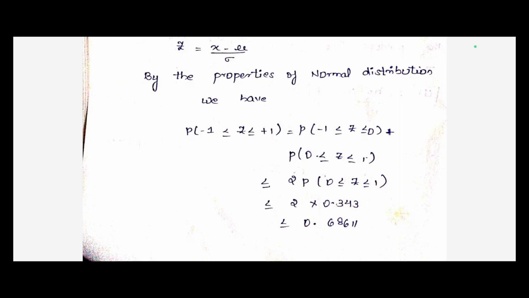So P of minus 1 less than or equal to z less than or equal to 0, plus P of 0 less than or equal to z less than or equal to 1, becomes 2 times the probability of 0 less than or equal to z less than or equal to 1, from the standard normal table. The table value is 0.3413, and multiplying by 2 gives 0.6826.